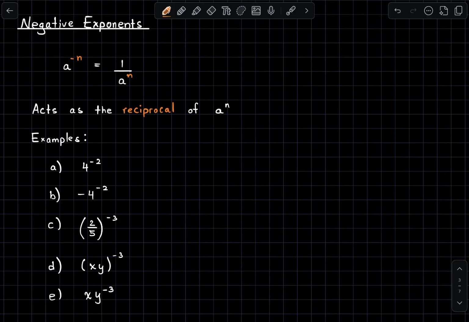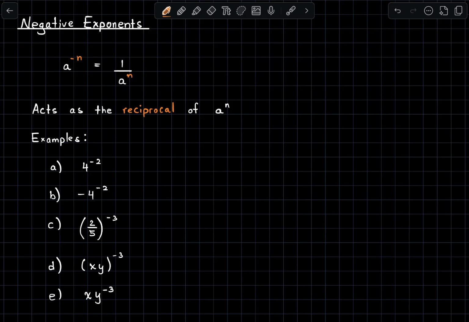Next, let's talk about negative exponents. So what if we have something like a raised to the negative n power? Well, what this really means is this is the same thing as 1 over a to the n power. And this actually works the other way too.